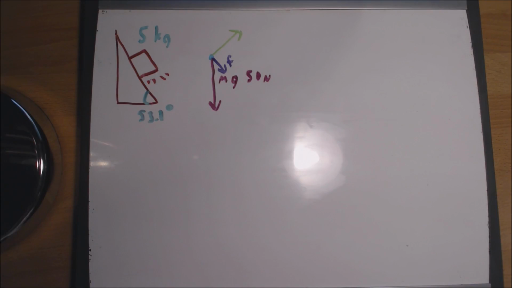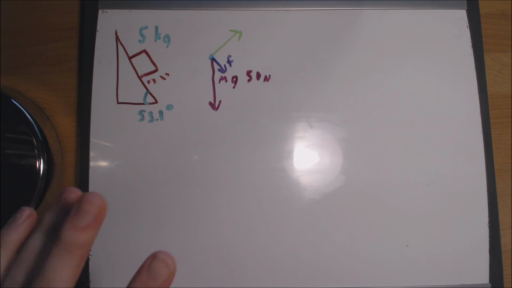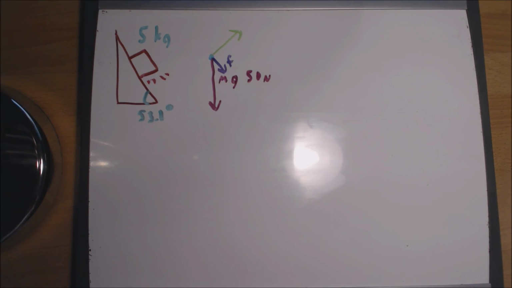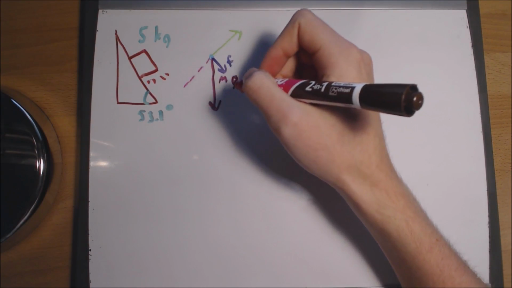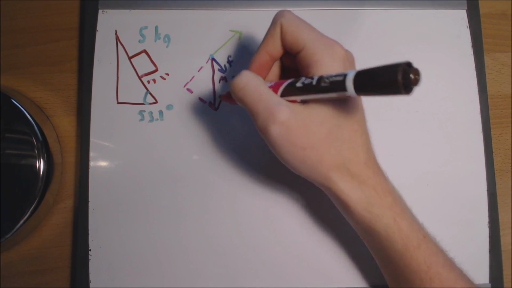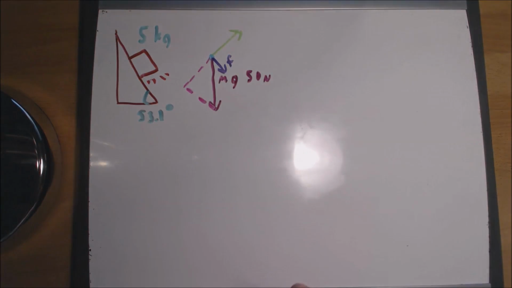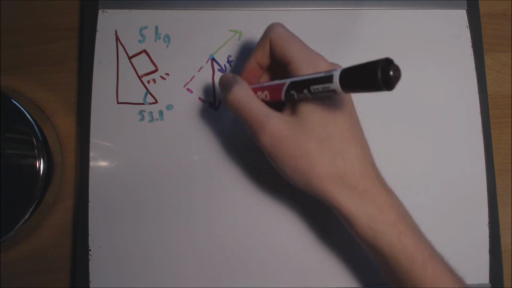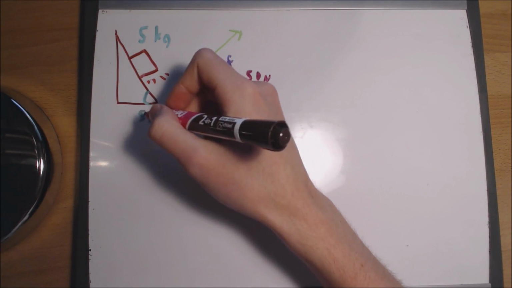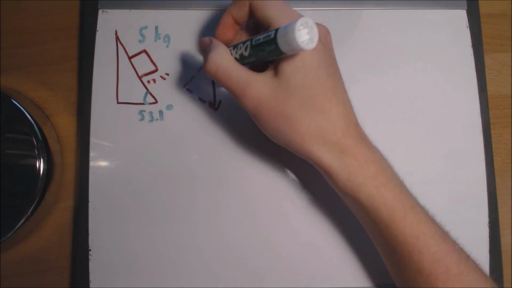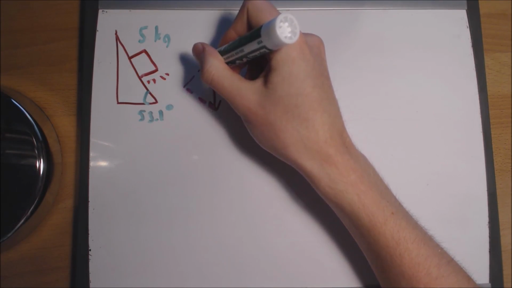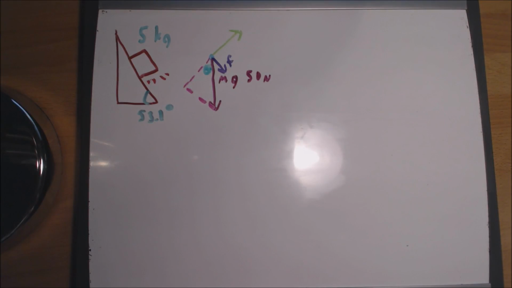And then we also have, these are like the secret forces, the component forces of our mg. One that's going to be parallel to our normal force, and another one that's going to be parallel to our frictional force. And we know that this angle is going to be the same as this angle. So that's going to be theta right there.